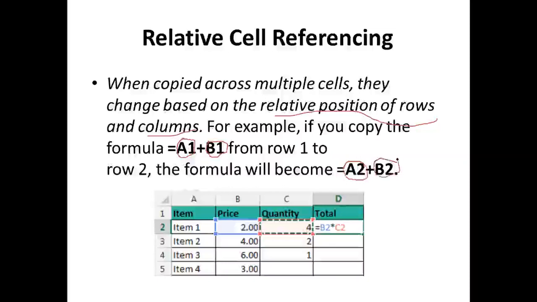You copy a formula from one cell to the other. You don't change the operator, but the operands keep on changing, depending on the relative position of the rows and the columns.